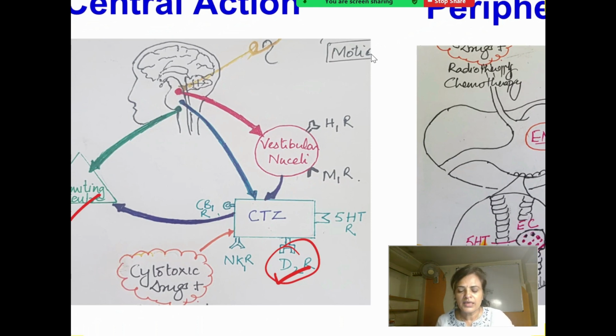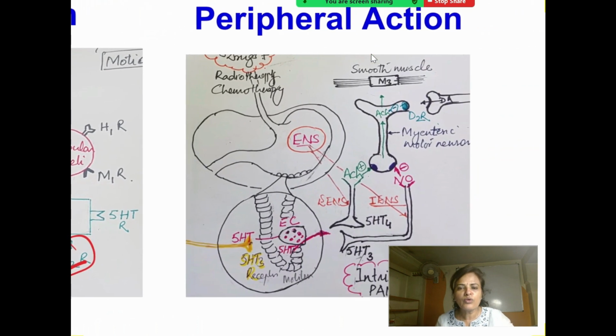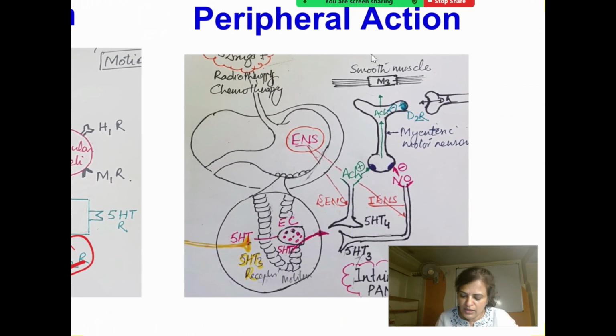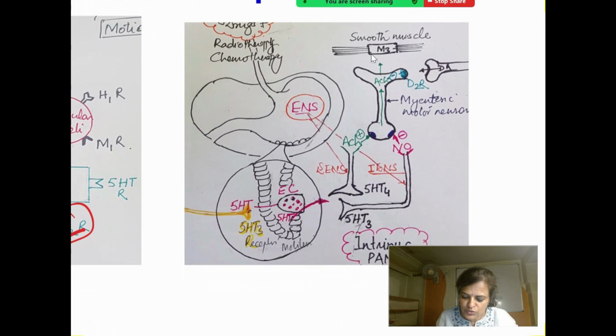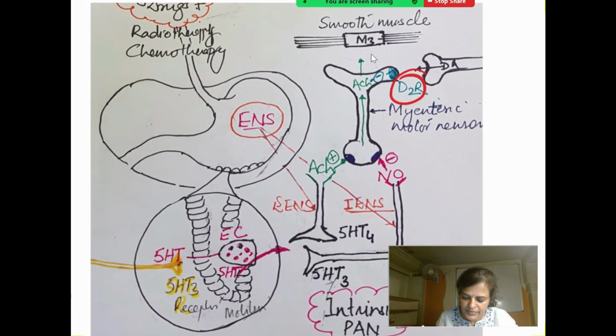Now another one is in the periphery. Here also, the important thing is they are going to block this D2 receptor. No action here, no action on 5-HT4. This is the difference between domperidone and metoclopramide.